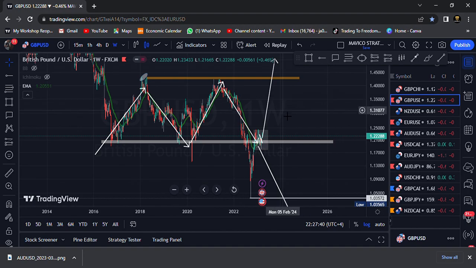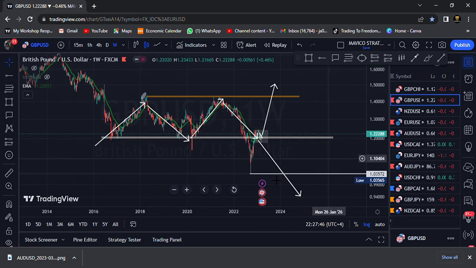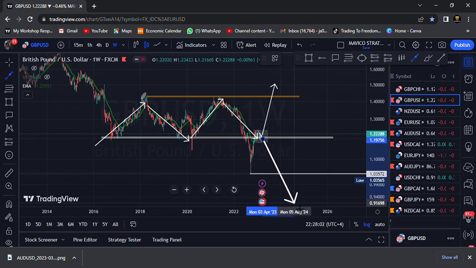So right now these are the key levels remaining, which is very simple. This is the structure that the market formed at this level now. As you can see from my previous analysis, at this level the market can either continue to go up, or it comes down and breaks this level completely.